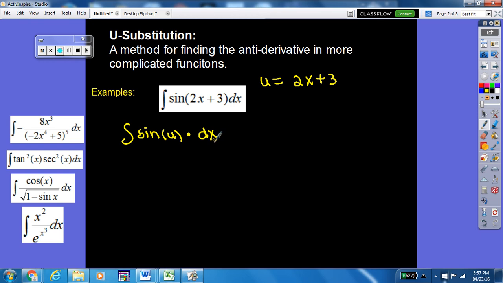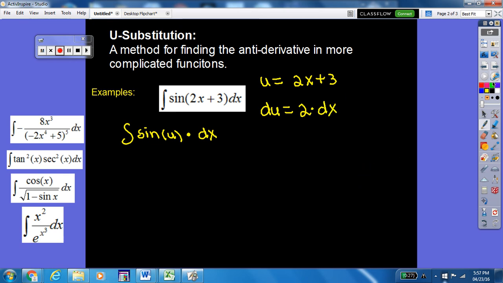Since dx is a differential, that's why I said earlier we're going to take the differential of u. If you recall from a while back, taking a differential is simply taking the derivative but also multiplying by dx. So if we take the differential of u, that's simply du. On the right side, it will be the derivative of the function, in this case 2, times dx. That's how you do a differential.